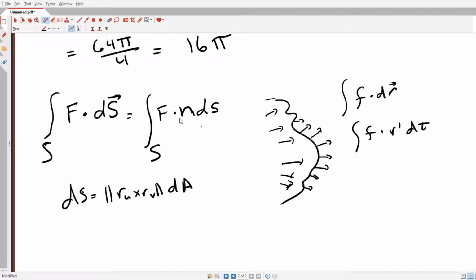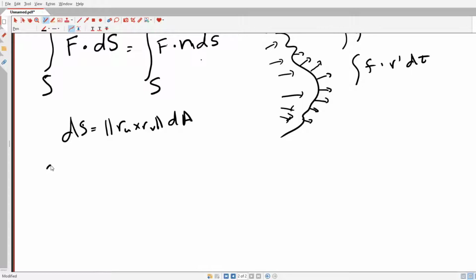So n is the outward unit normal vector to my surface. Notice that depending on where you are on the surface, it's going to have a different normal. And how would we compute the normal? Well, the normal is just ru cross rv. That's the normal direction, and then I normalize it like this. And this gives me the direction of the outward normal.